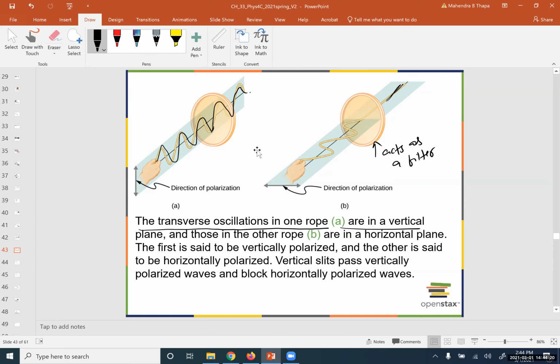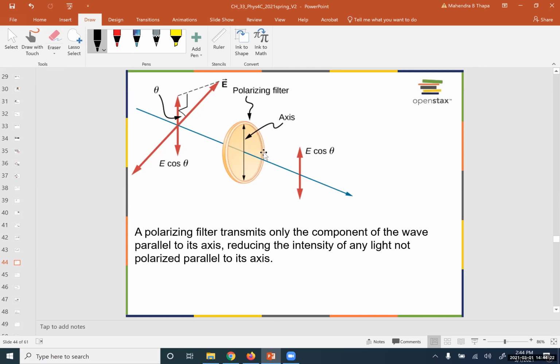Let's see, for example, in this case, to understand, this is the source of light, and we are taking that it is oscillating in this plane.